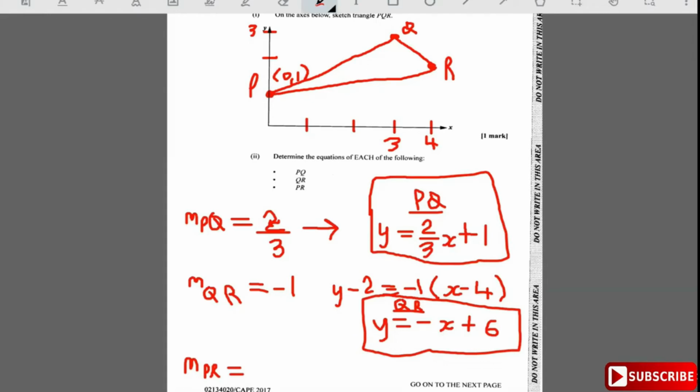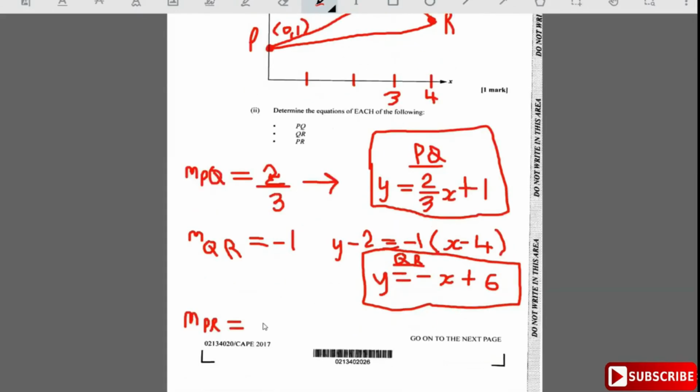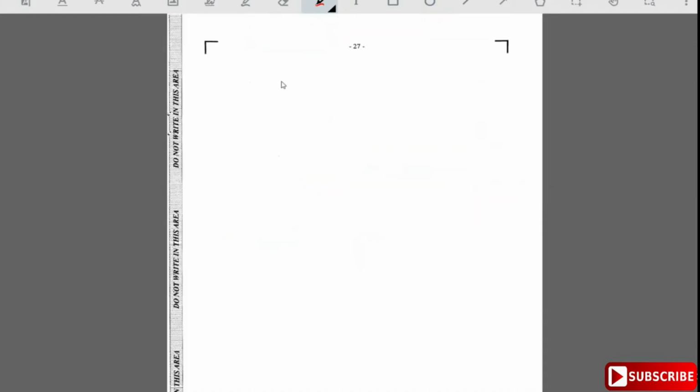So the gradient of PR is a quarter. And so the equation of PR is y equals a quarter x plus 1. That's the equation of PR. Nice.